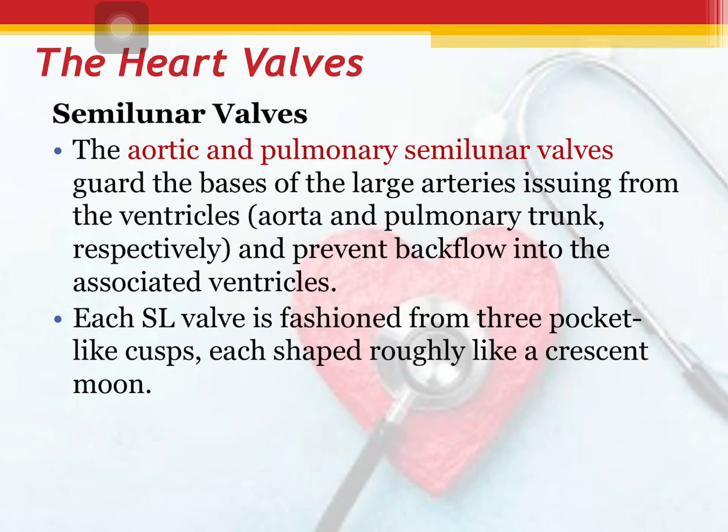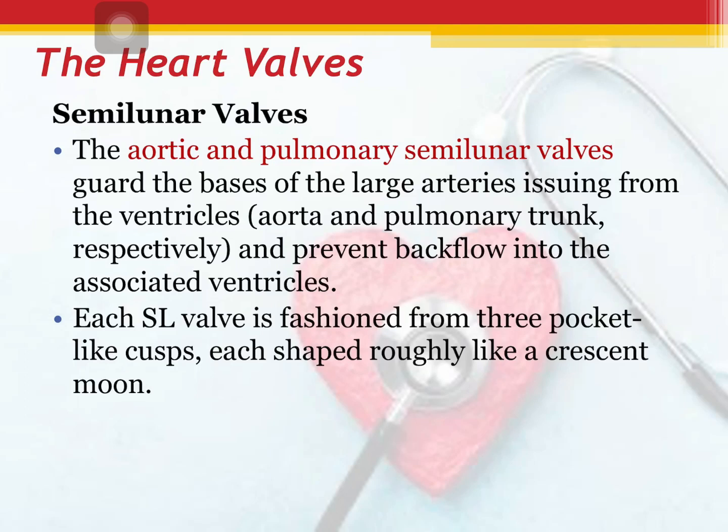Semilunar valves. The aortic and pulmonary semilunar valves guard the base of the large arteries issuing from the ventricles, the aorta and pulmonary trunk, and they prevent backflow into the associated ventricle. Each semilunar valve is fashioned from three pocket-like cusps, each shaped roughly like a crescent moon.